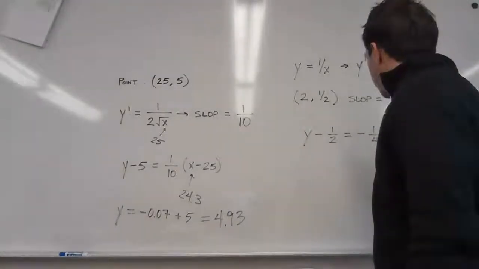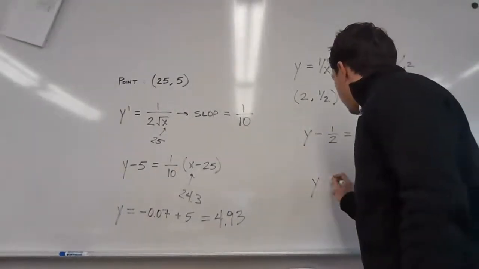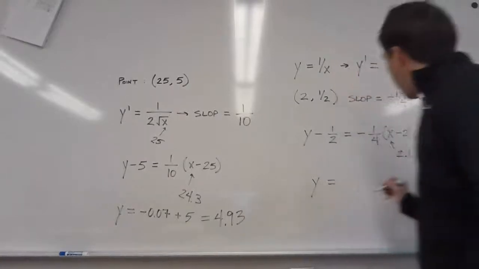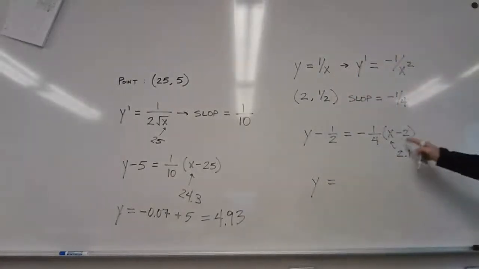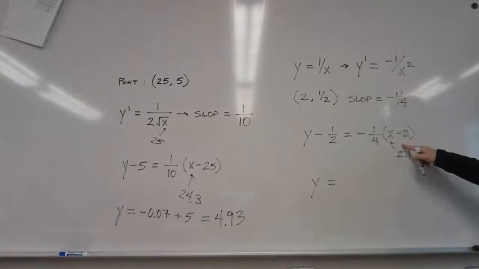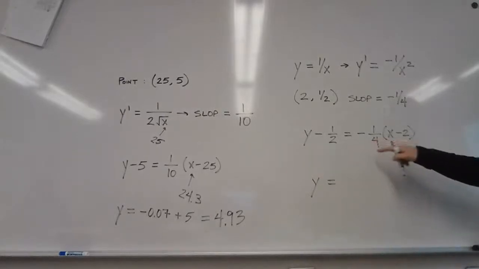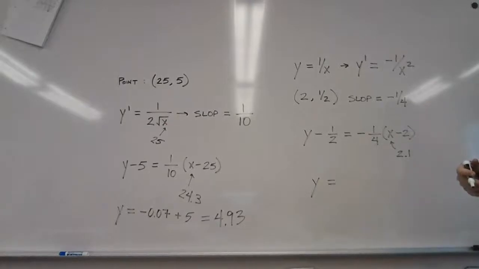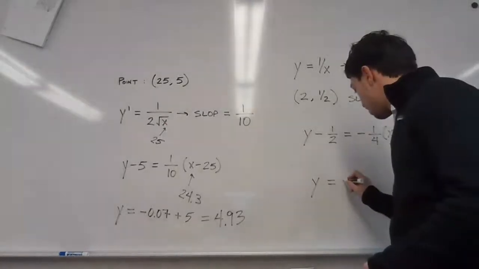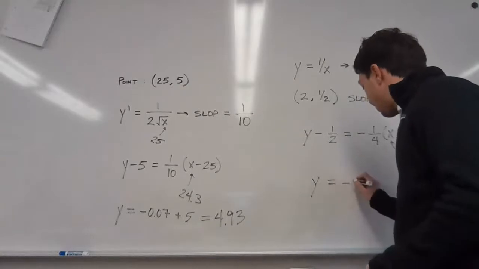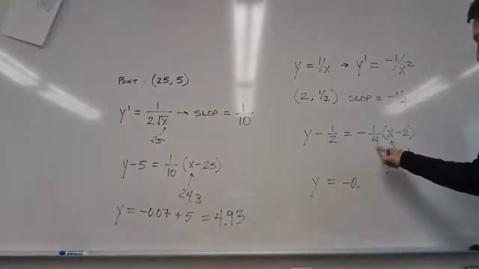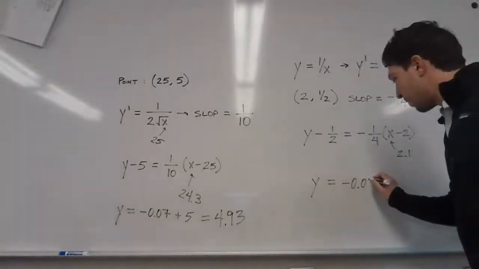So basically you're going to have a quarter of a tenth. Well, it's negative a quarter, so a quarter of a tenth, which is the same as a tenth of a quarter. This would be 0.25, so it's gonna be 0.025.